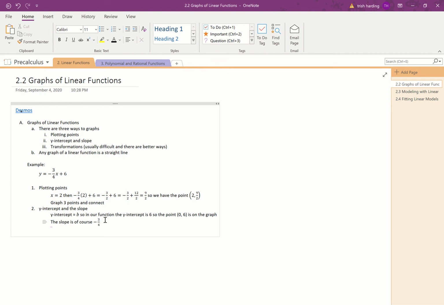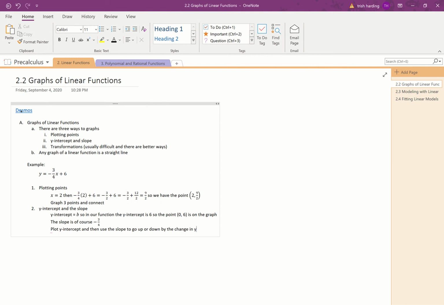Now how you would graph that is, the first thing you would do is plot the y-intercept and then use the slope to go up or down by the change in y. Remember that the negative has to be associated with the top, because the change in x, we've got to keep going forward. So it would be a negative 3.